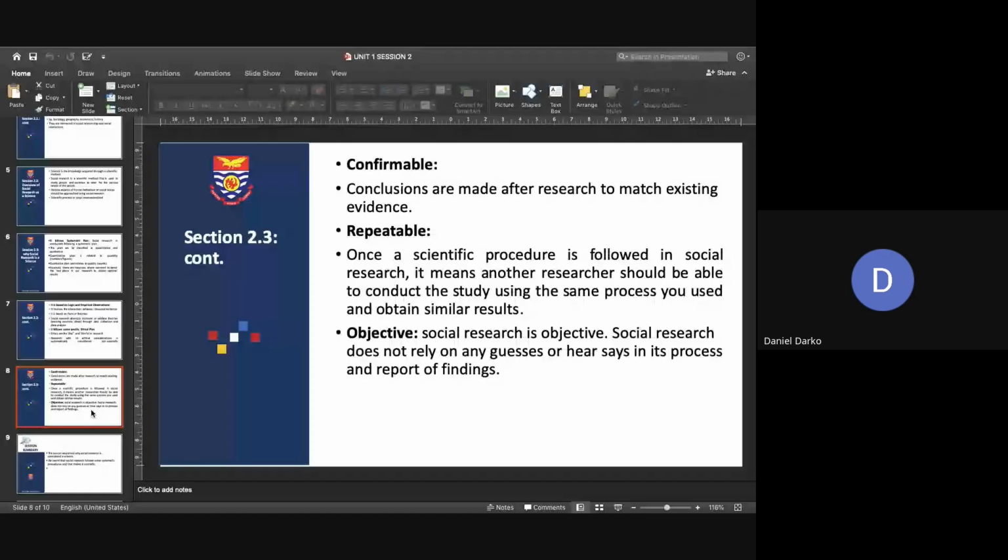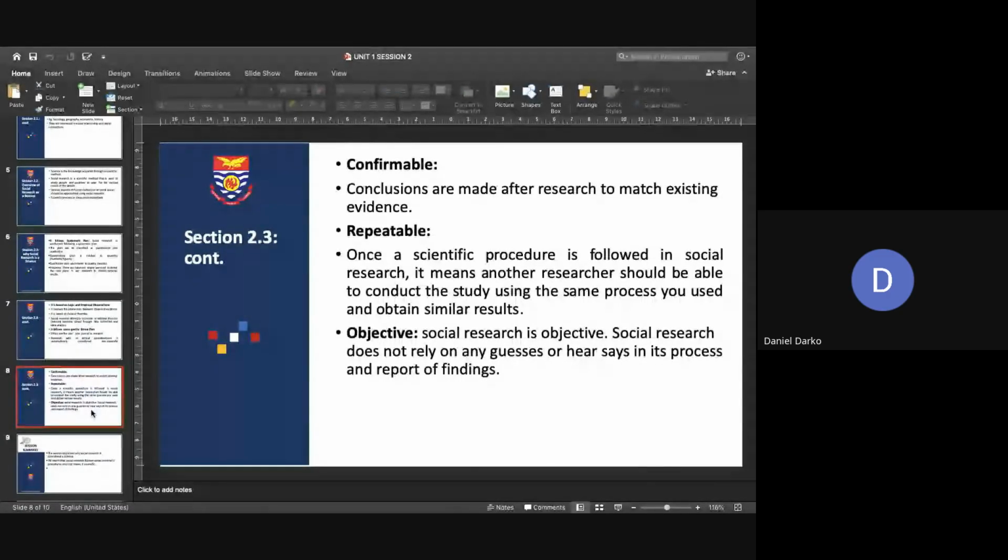Another person may also conduct the same study about early marriage in the southern part of Ghana to see whether the findings in the north confirm what is in the south, or the findings in the south confirm what is in the north. Please, is that clear? So confirmability is another characteristic of science. And in social research, we confirm our findings.